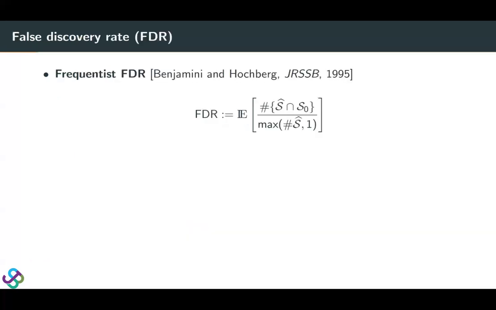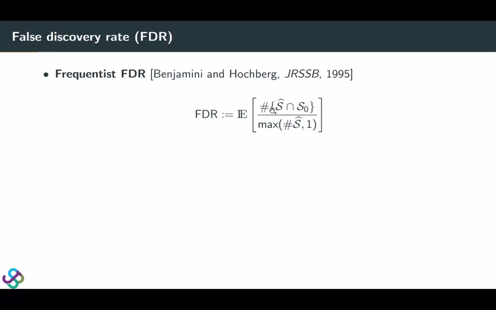False discovery rate, as we briefly mentioned before, is a criterion for multiple testing problems. It is a quantity that aggregates the results from all tests. It is the expectation of this ratio, and inside the expectation, people call it the false discovery proportion. So the rate becomes a proportion inside the expectation.